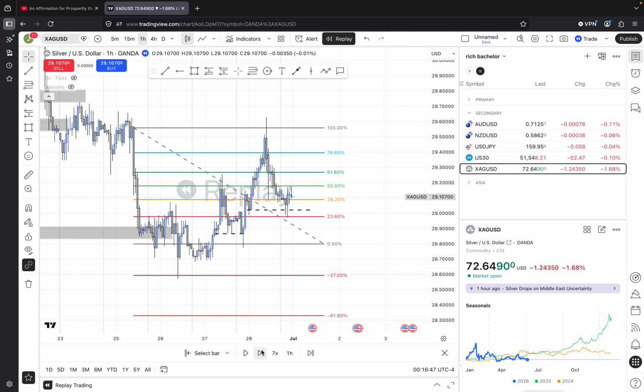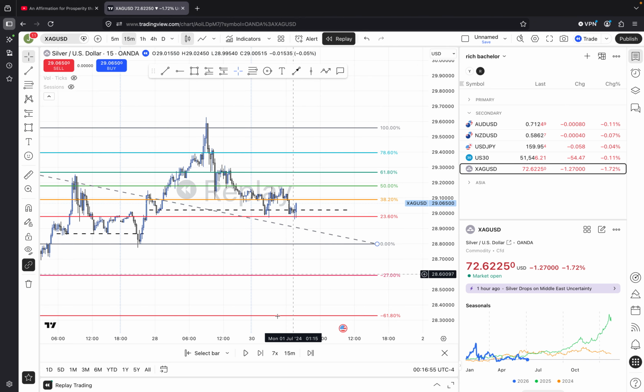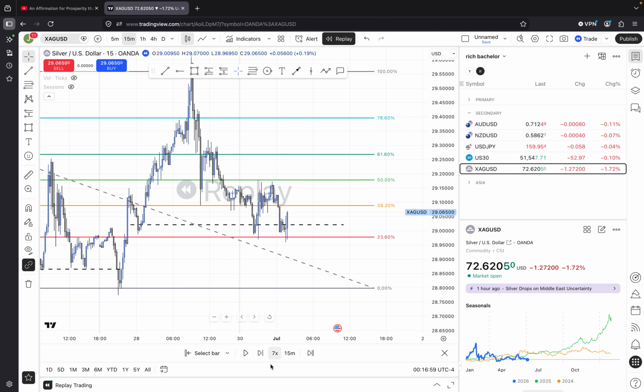If it can give me a lower high, then great. I think that might be my lower high. Yep, that might be my lower high right there. So I'm going to wait for this candle.